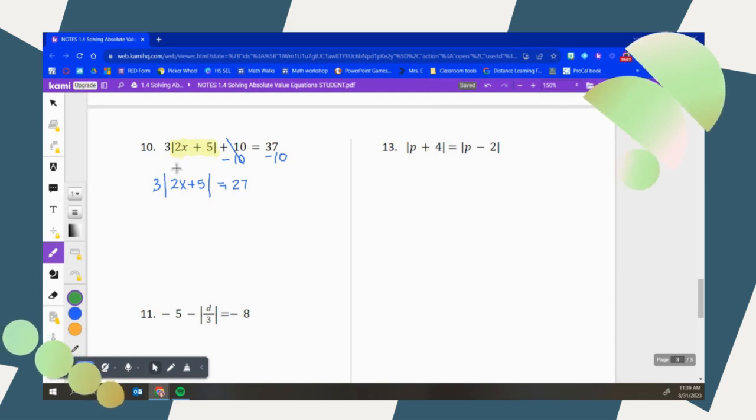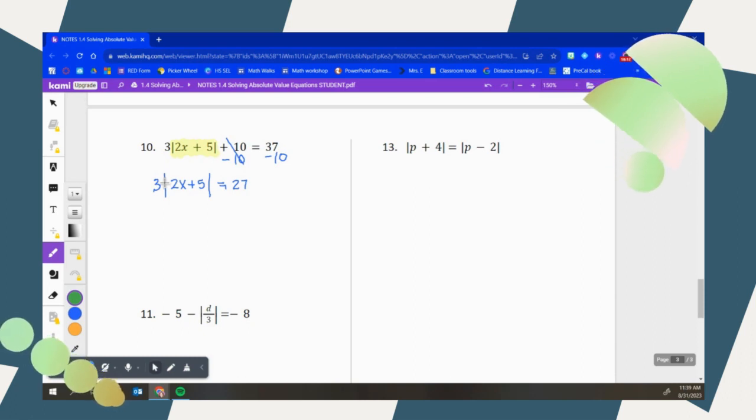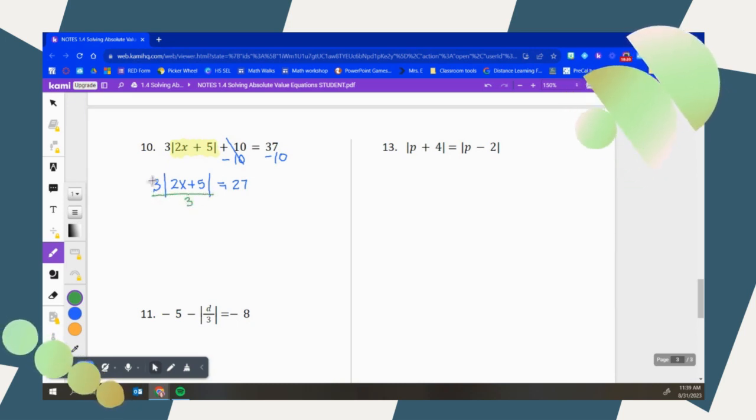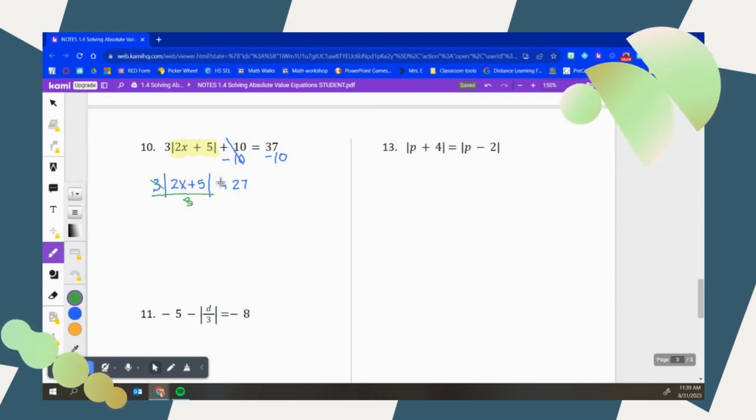Now, what's going on between the 3 and the absolute value? When a number is squished right up next to something like that, what operation does that indicate? That is multiplication. So how do I undo multiplying that 3? We divide. So we're going to divide both sides by 3. So these cancel. It does not affect inside the absolute value bars.